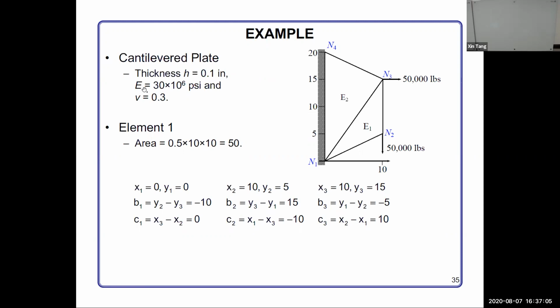Now, the size and thickness of the two elements are given. For the thickness, they are the same, h equals 0.1 inch. The material properties of both elements are also equal.